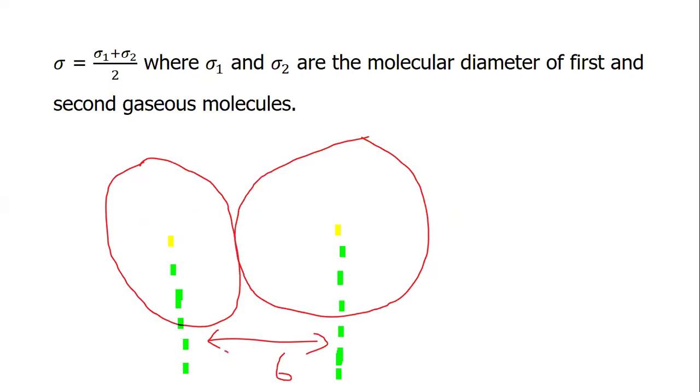Sigma equals sigma 1 plus sigma 2 over 2, where sigma 1 and sigma 2 are the molecular diameters of first and second gaseous molecules.